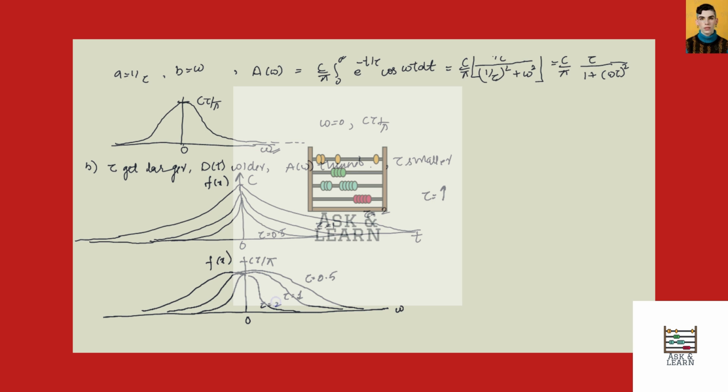tau equals 2. And if we plot a diagram between the amplitude of the Fourier transformation and the wave number, the graph will be this way.